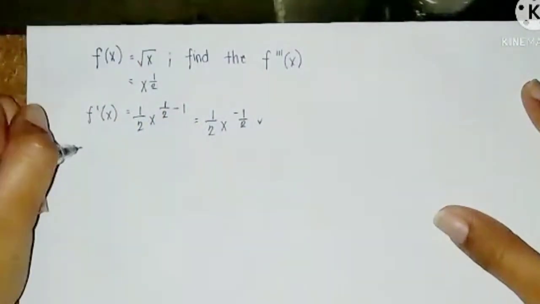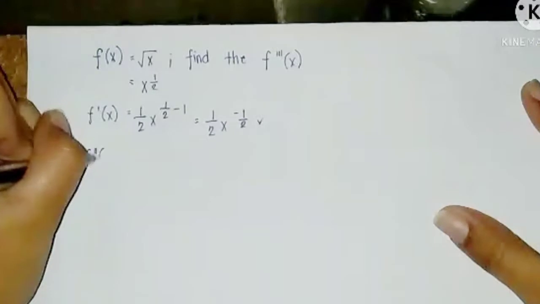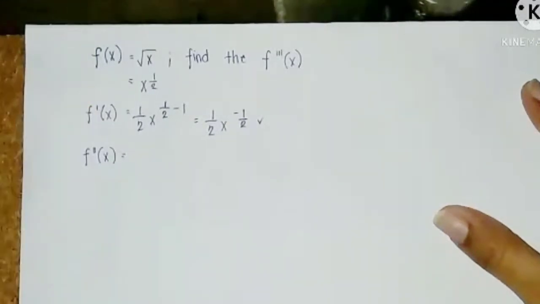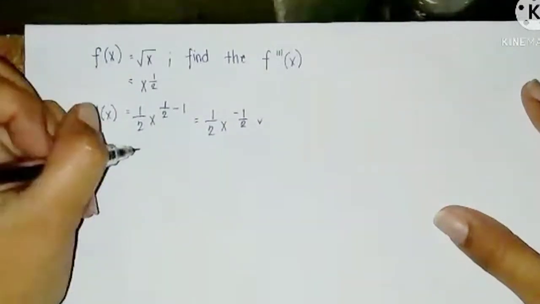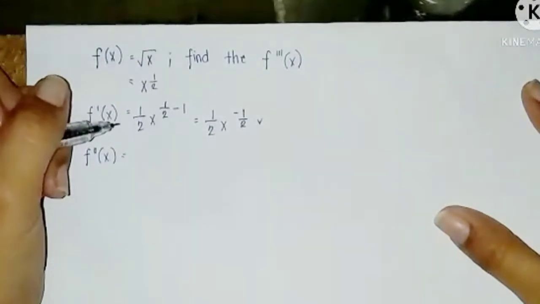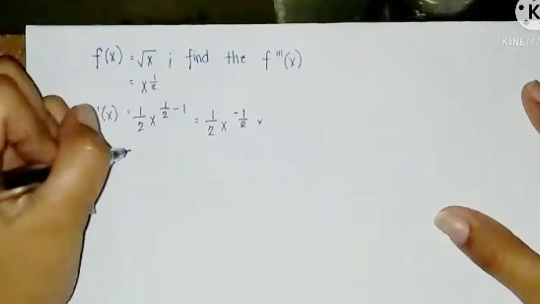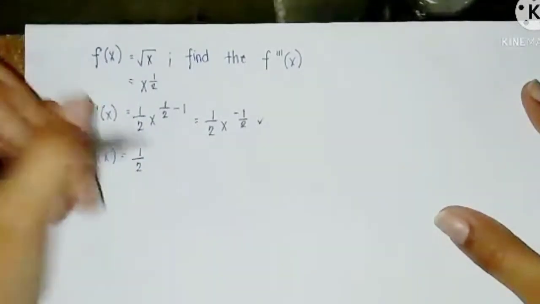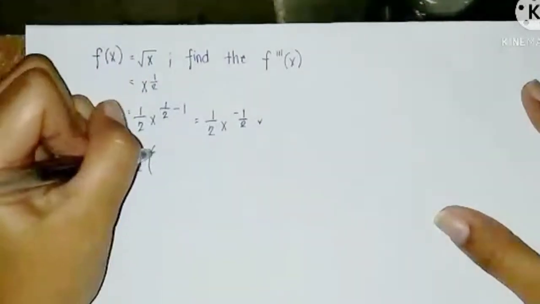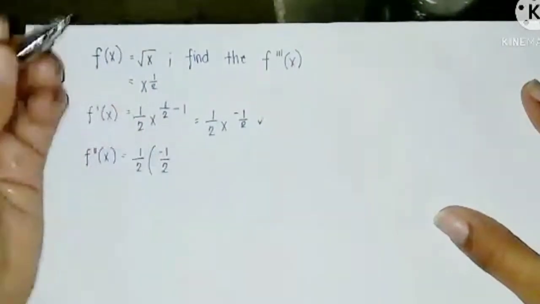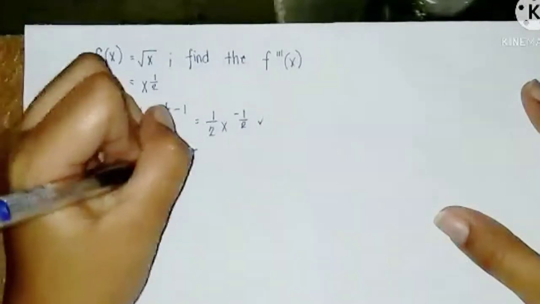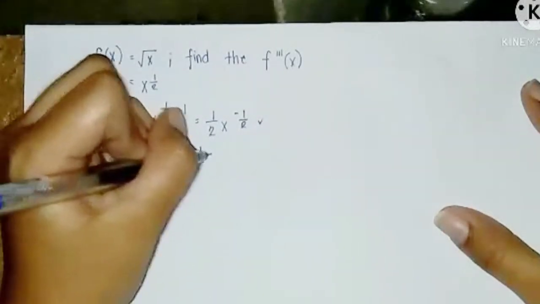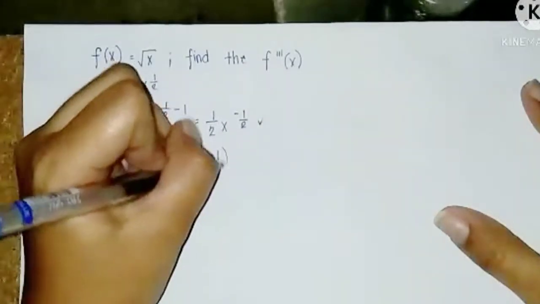And to find our second derivative, let's have 1/2, bring down negative 1/2 x raised to negative 1/2 minus 1.